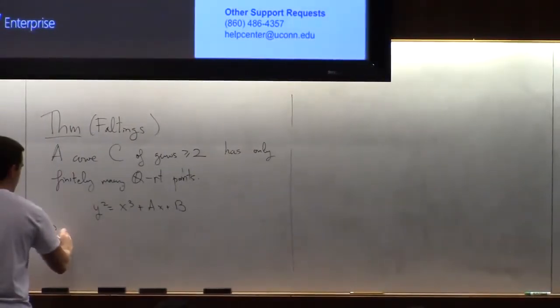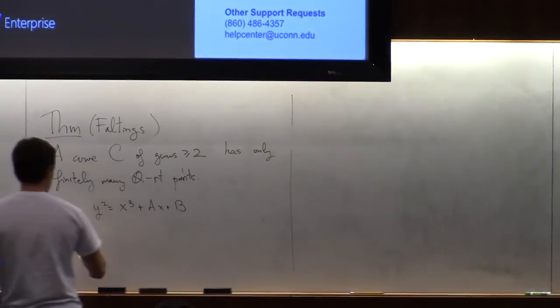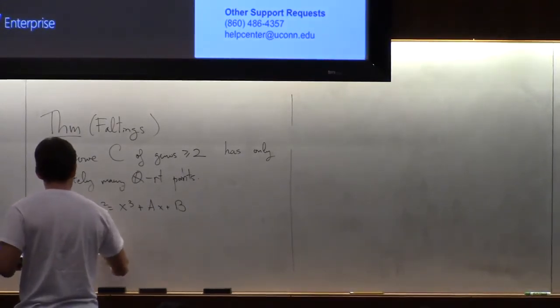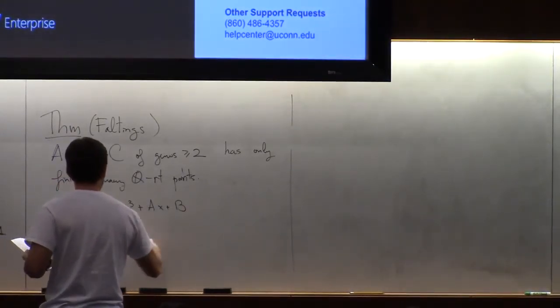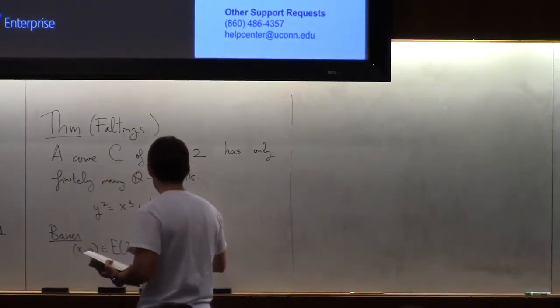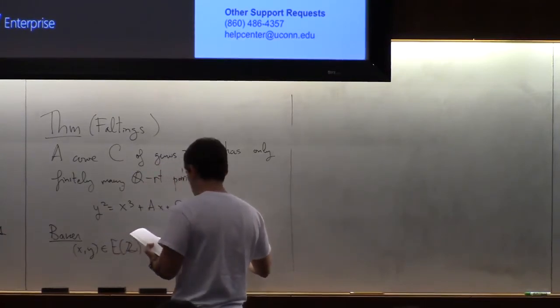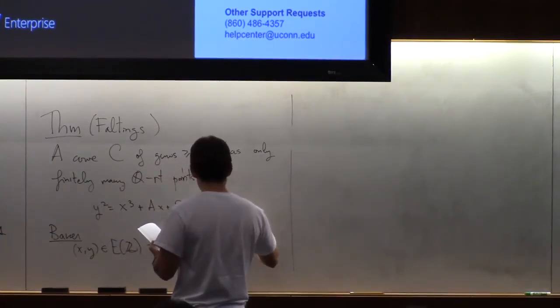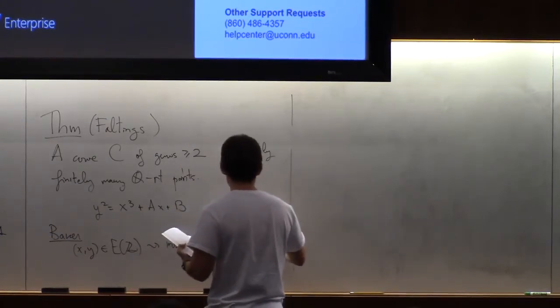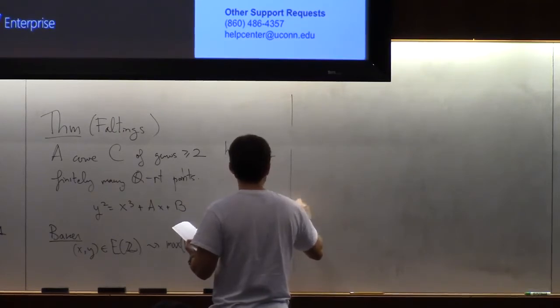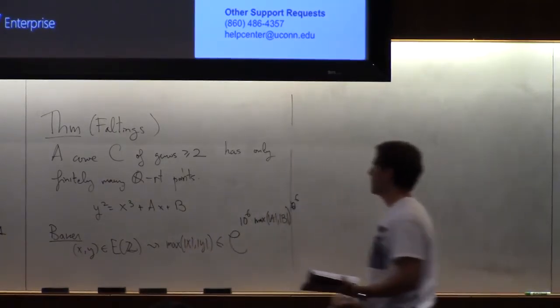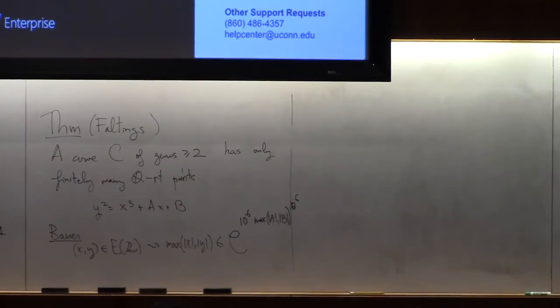So Baker proved that if (x, y) is an integral point, then the maximum of x or y is less or equal to e to the 10 to the 6 times the max of a and b to the 10 to the 6th power. So yes, there is such a bound. Completely useless. But there is such a bound.